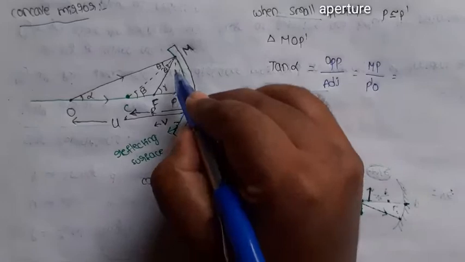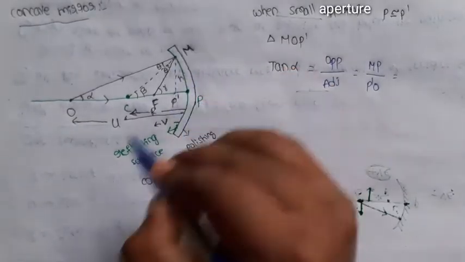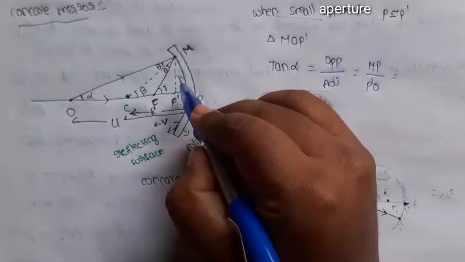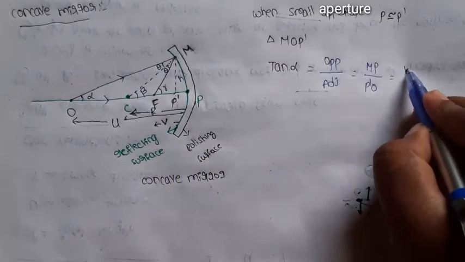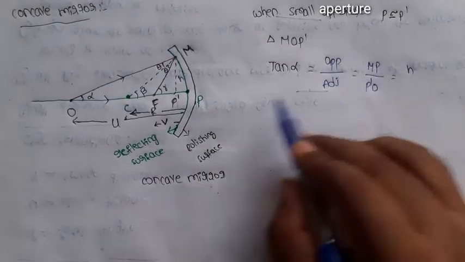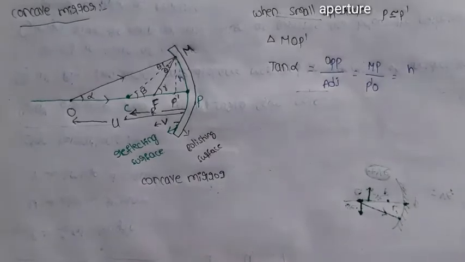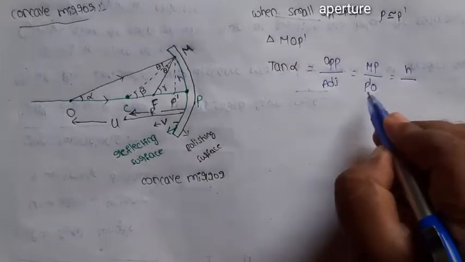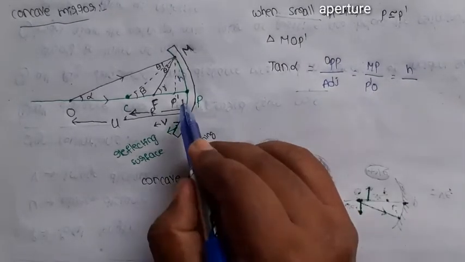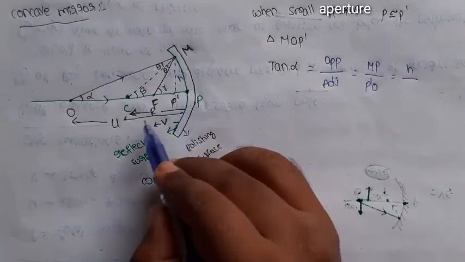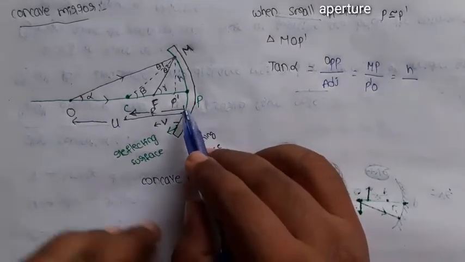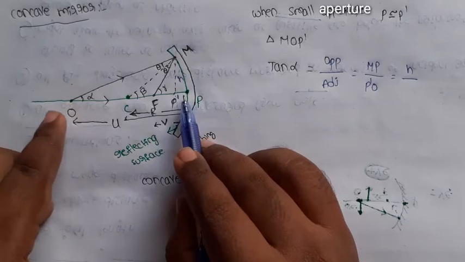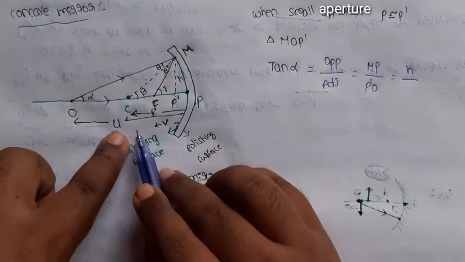So the MP distance is nothing but the height H. So tan alpha is H by the P dash O distance. The distance from P dash to O is the object distance.